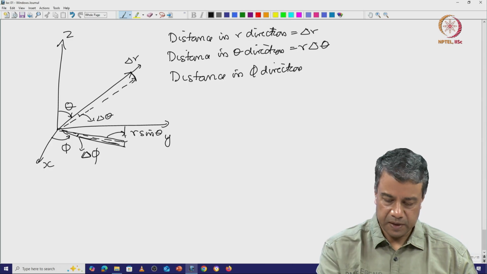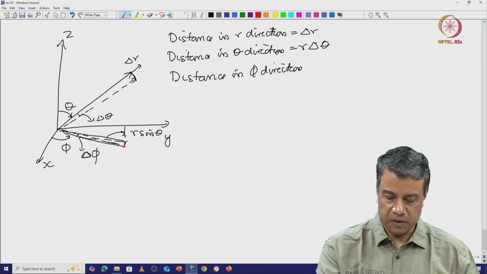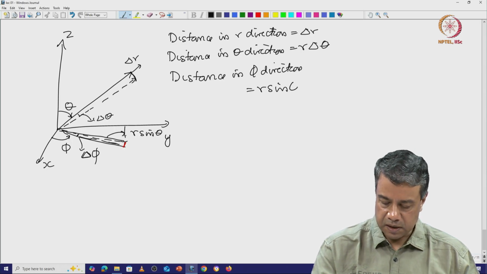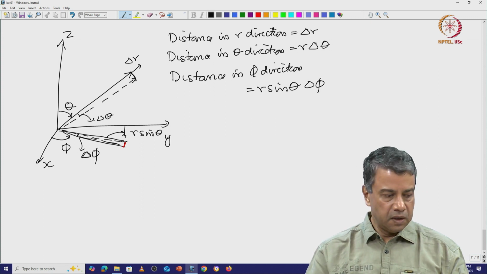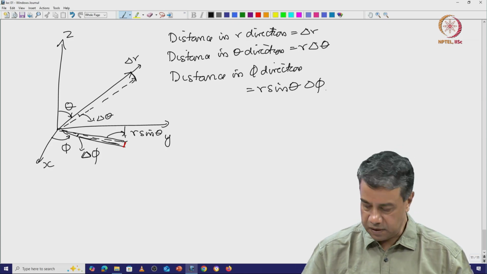And therefore, this arc, the distance travelled when phi changes by a small amount delta phi, is going to be equal to r sin theta delta phi. So, these are the fundamental dimensions that will be used for defining our differential volume.